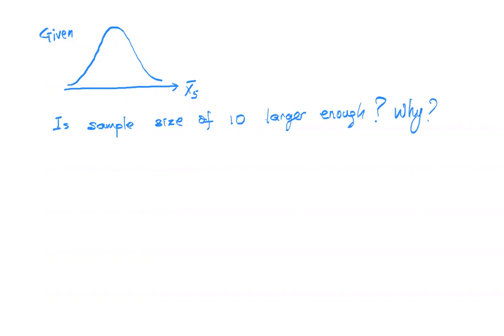Is sample size 10 large enough? Because we said by thumb of rule, n must be greater than 30, correct? So now I'm asking you, given x bar 5, the shape of the distribution is like that.